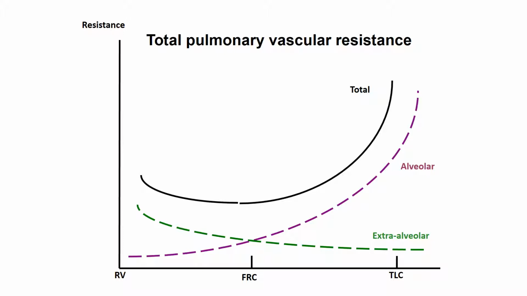In the extraalveolar spaces, blood vessels have decreased resistance with increasing lung volumes, as is seen in the green curve. The sum of these two curves represents the total pulmonary vascular resistance. The lowest point in that curve occurs during functional residual capacity, FRC.